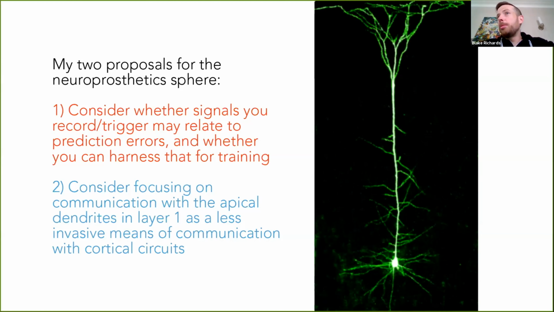Though it would be great to record from the interneurons, potentially the most realistic strategy would be to focus on the pyramidal neurons, because they're likely the workhorses of the information processing in the system. Even though the interneurons are undoubtedly key, and I personally think they're key to understanding the circuit and its computations, in terms of just communication with the circuit, it might be sufficient to talk, as it were, to the pyramidal neurons.